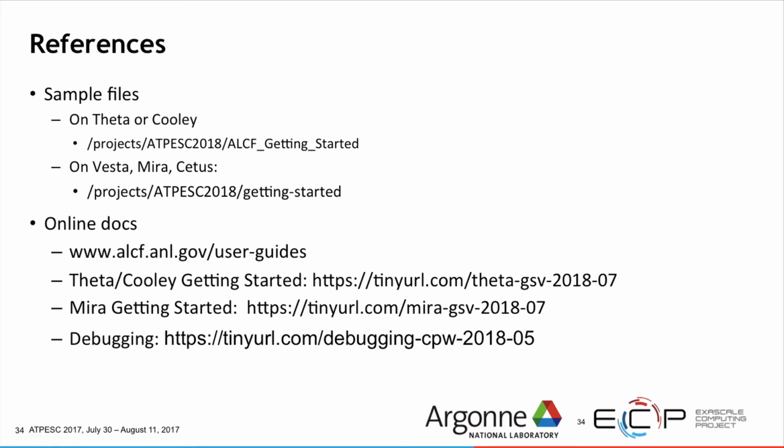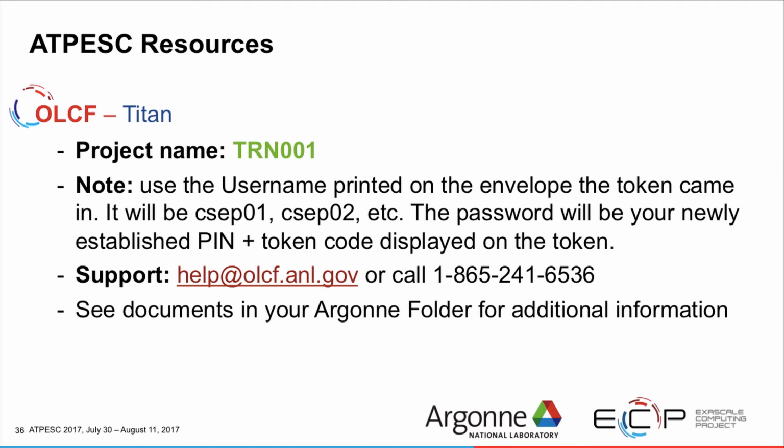The Theta Cooley slides are about the size of this presentation, but the Mira ones are probably about twice as long. So what other resources are there besides Argonne? There's OLCF Titan. The project name there will be TRN001.